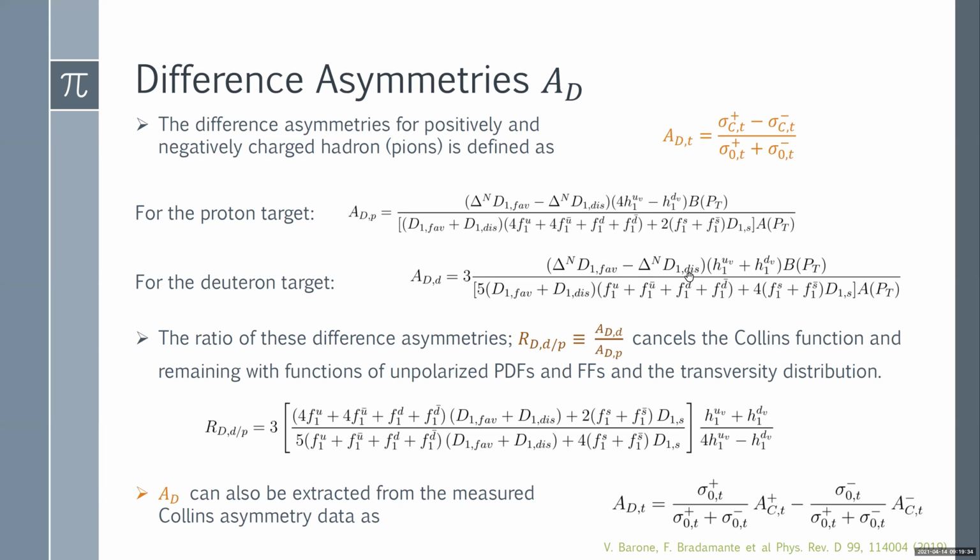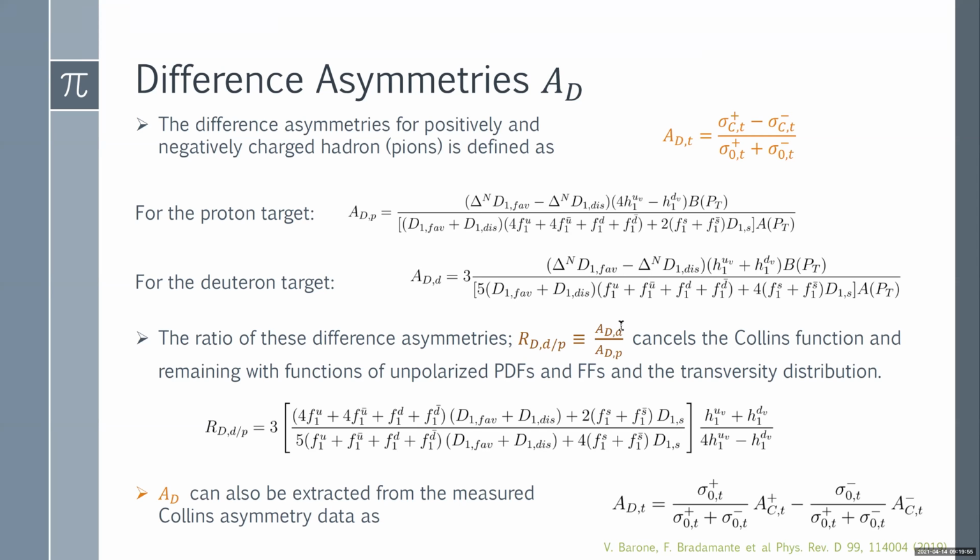When we are integrating over z, since this depends upon the x value only, this will cancel out when we are taking the ratio over here.